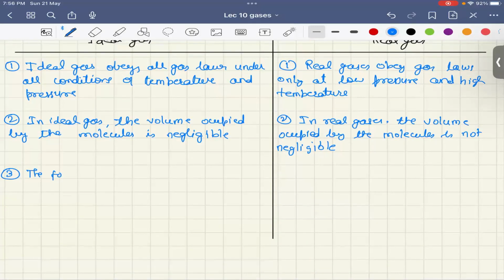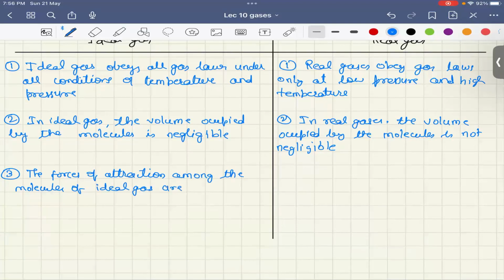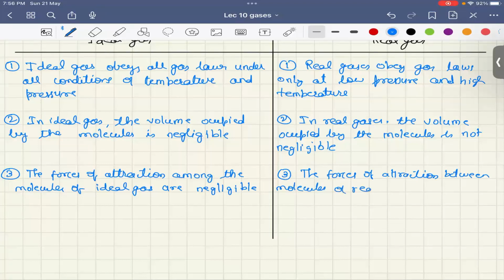The forces of attraction among the molecules of ideal gas are negligible, whereas the forces of attraction between molecules of real gases are not negligible at all temperatures and pressures.